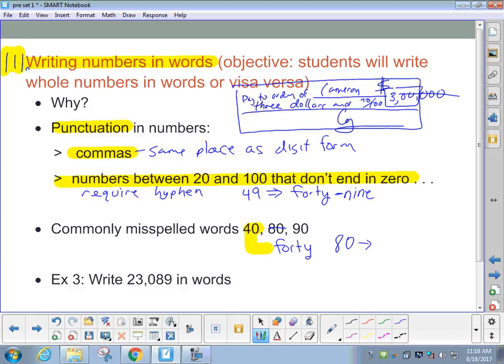Yes. Right. Okay. And then the one that makes me most bonkers, I don't know why, but it does. 90. Yes.